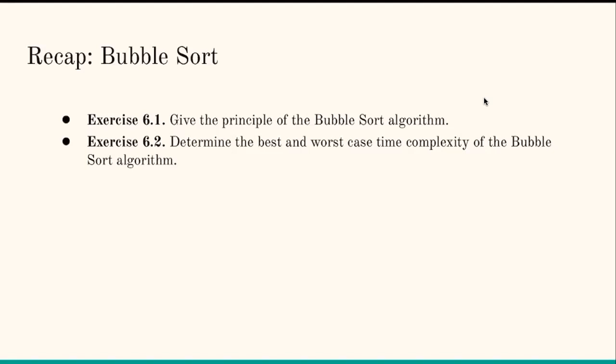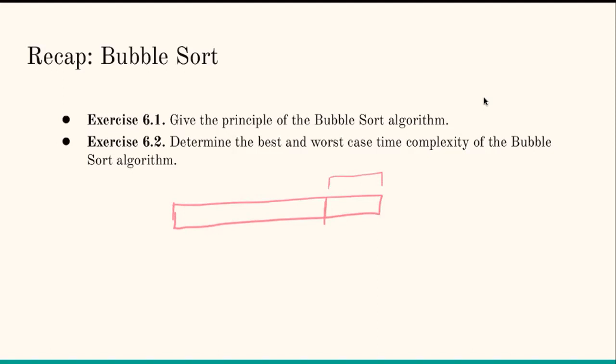And if you want to write the loop invariant for bubble sort, this is just to discuss things that you can see in the final exam. So if you're asked to write the loop invariant for bubble sort, you should understand what it is at each iteration. Okay, what are the assumptions? So the assumption is that if you have an array like this, at each iteration, this part of the array is already sorted, okay?